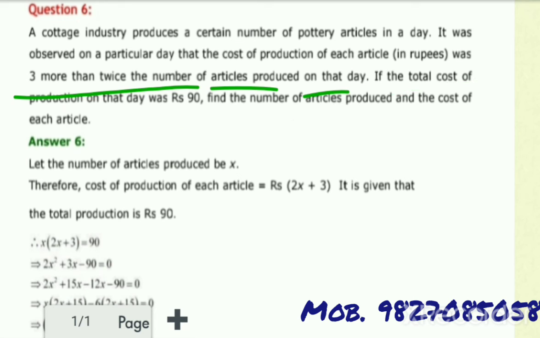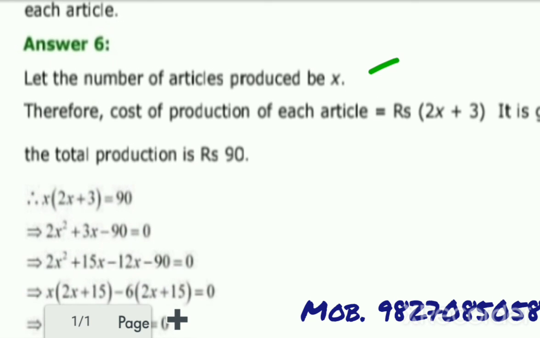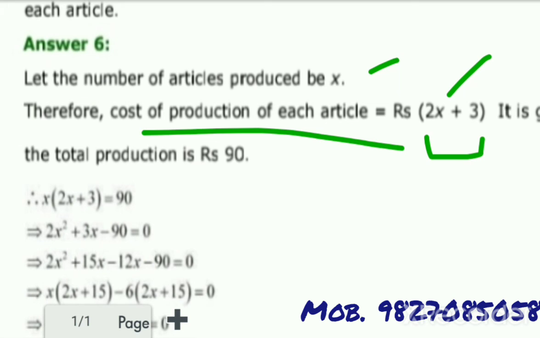Okay. Now firstly we have to let the articles produced be x. And according to the question, the cost is equal to twice x and 3 more. So this is the cost of each article. Okay. And the total production cost is how much? 90 rupees. Okay.